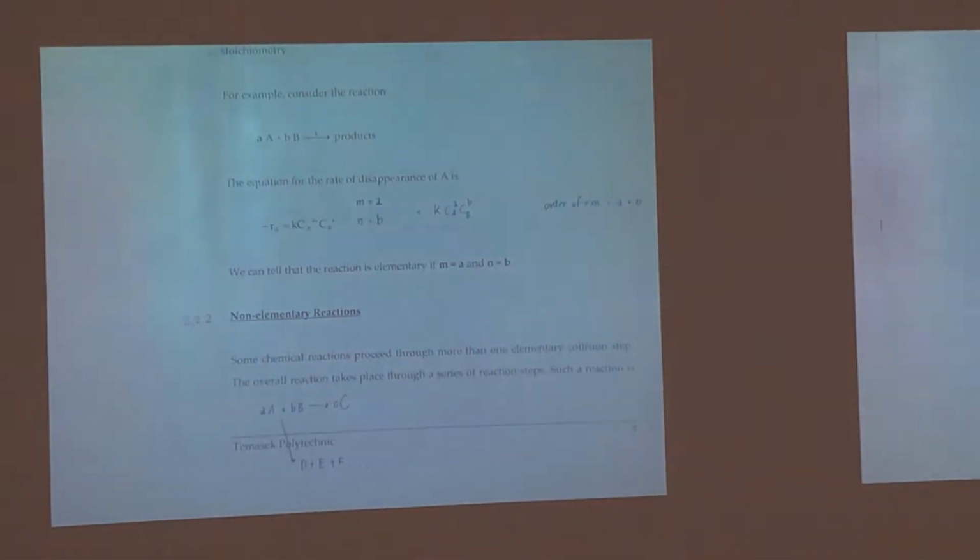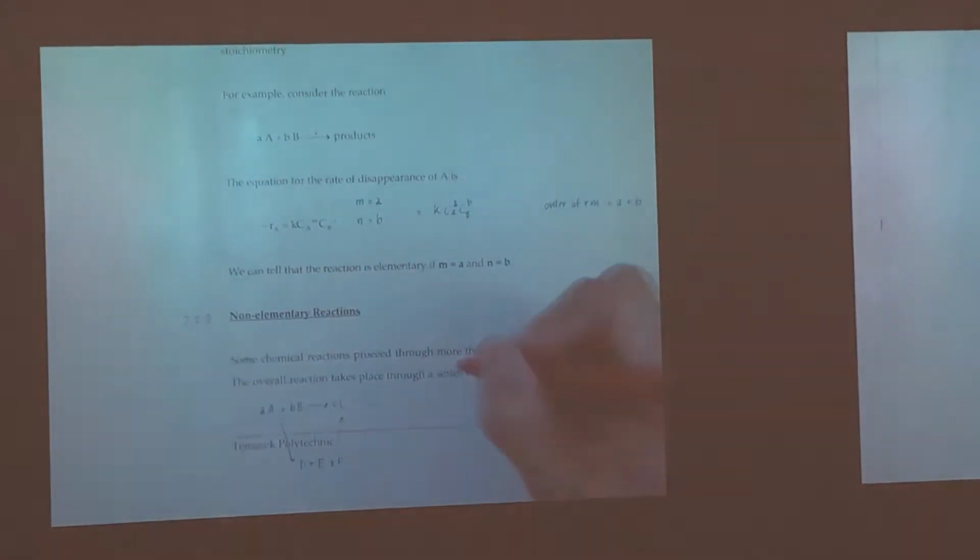After that, this D, E, F can become C. Basically this is a little bit more complex, because the reaction takes place in a series of reaction steps.